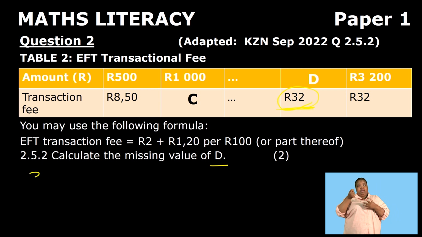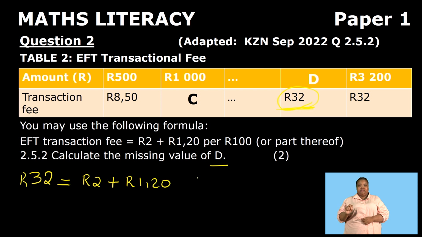So we are going to start by substituting the transaction fee, of which is 32 Rand, being equated to 2 Rand plus 1.20 Rand, and we need to find out the amount that will be represented by the value of D. So we can multiply this by any variable. It can be A, it can be X, it can be Z, it can be P, because now they all represent the unknown.